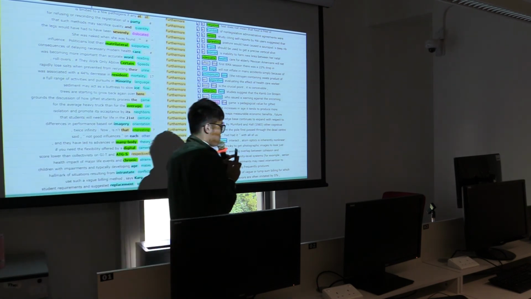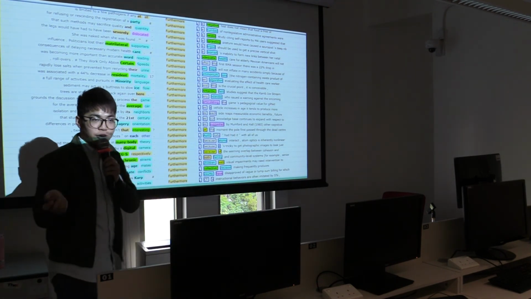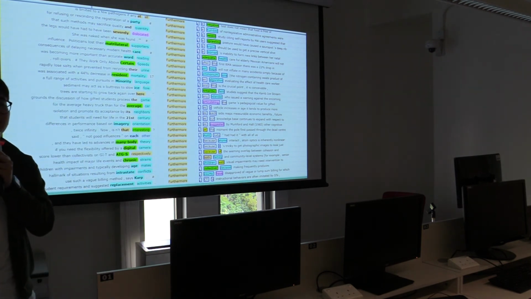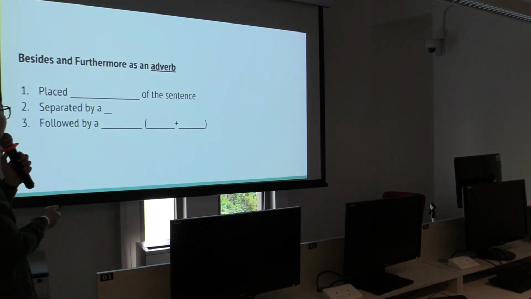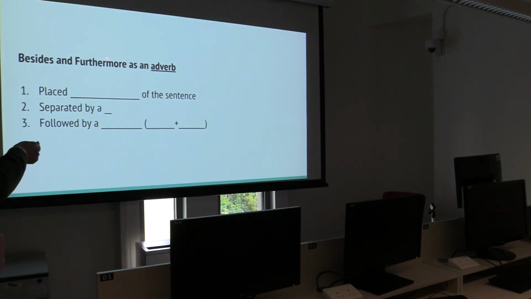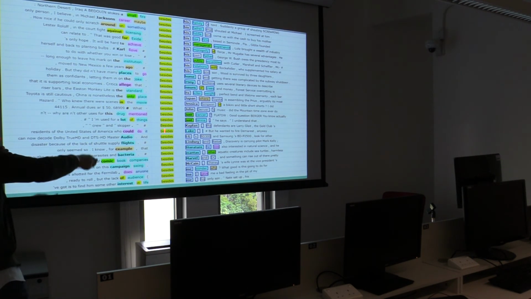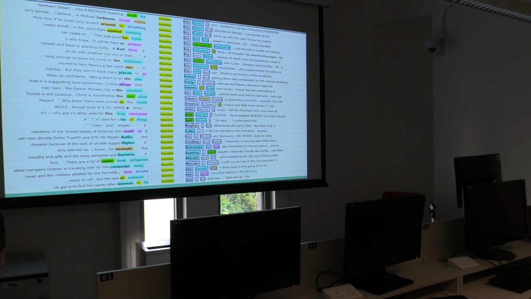But apart from using as adverb, besides also has another usage. Furthermore and besides used as an adverb are placed at the beginning of a sentence, separated by a comma, and followed by a clause, subject plus verb. So this one, the yellow besides. So clever students, right?